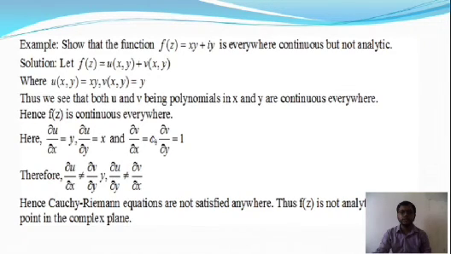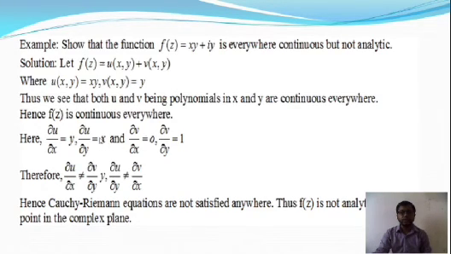Otherwise the Cauchy-Riemann equation is not satisfied for any arbitrary values of x and y. So hence the Cauchy-Riemann equation is not satisfied everywhere except at the point y equal to 1 and x equal to 0.